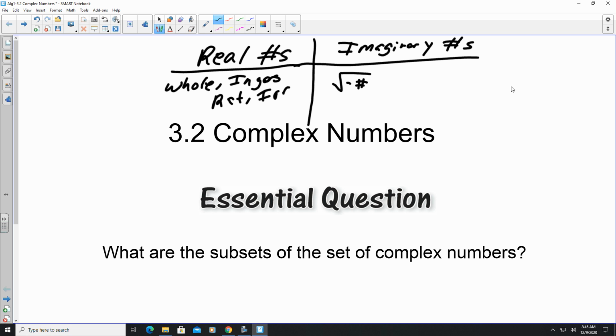Remember, if we tried to take the square root of any negative number, you would get some kind of error code in your calculator. Well, square roots of negative numbers fall into that imaginary number category.